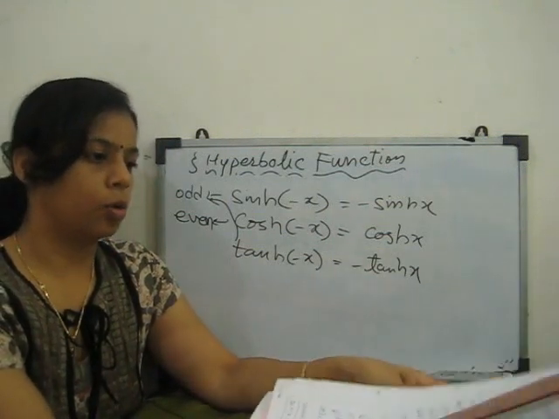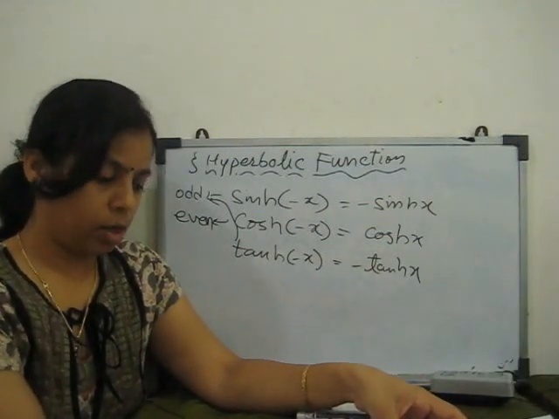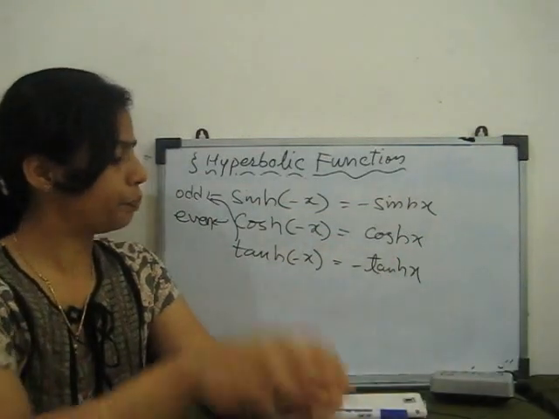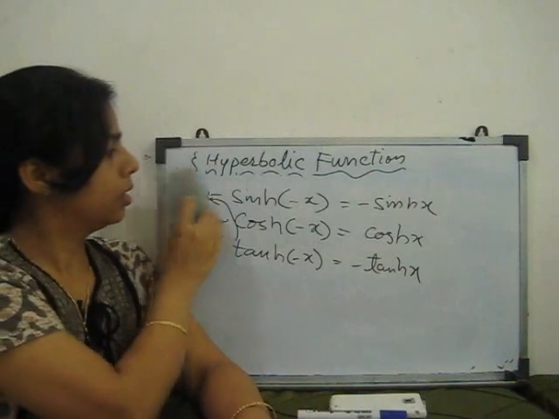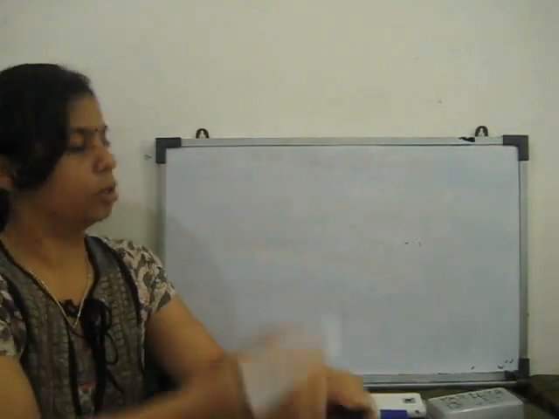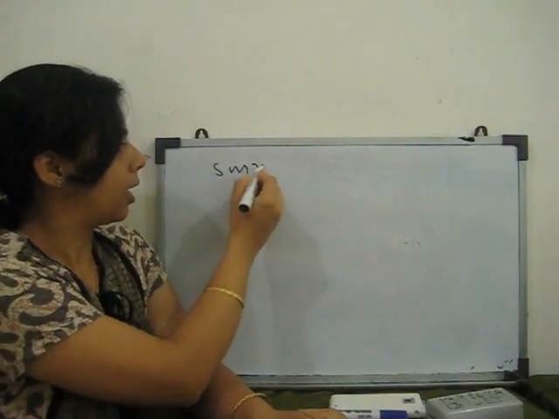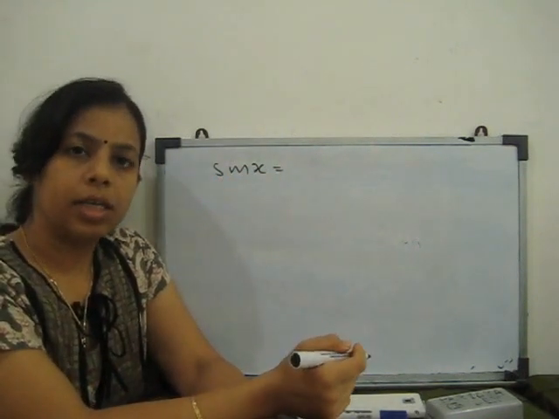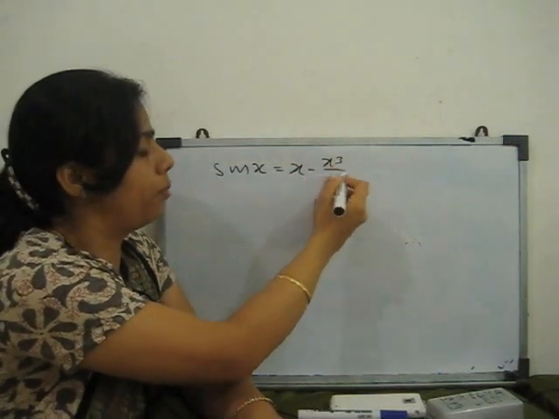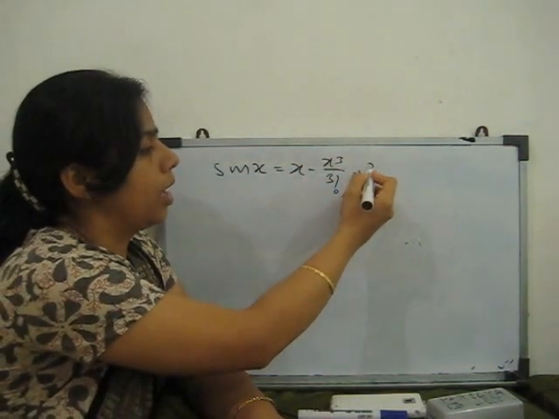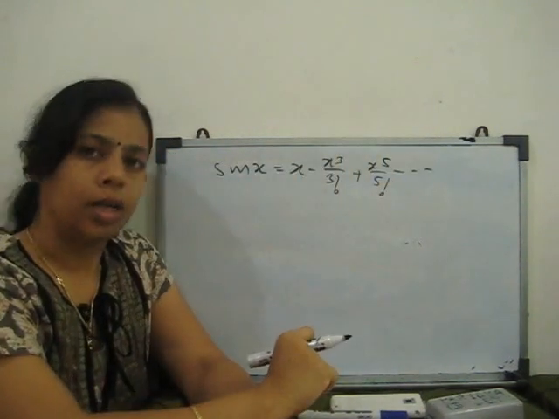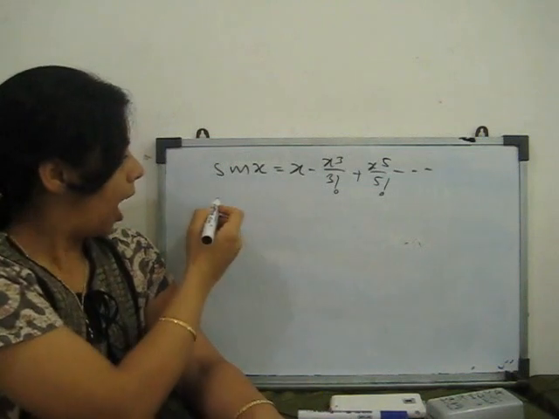Next we are going to the expansion of these hyperbolic functions. If we expand in series, then also you just see: you know sine x. What is the series expansion of this? x minus x cube upon factorial 3 plus x to the 5 upon factorial 5 and so on. You know everything. Then hyperbolic.